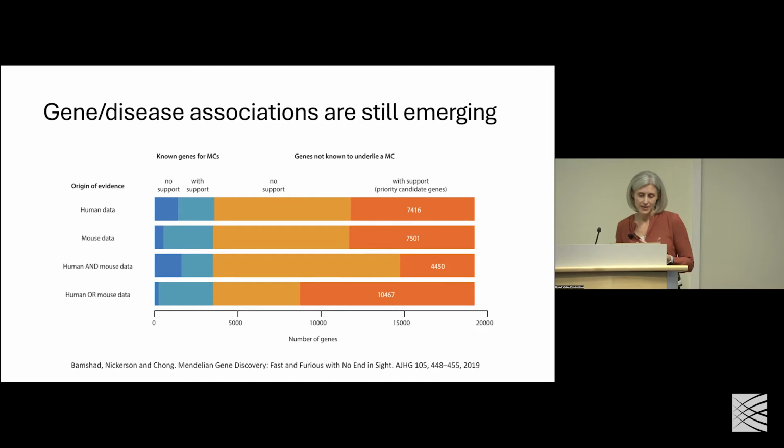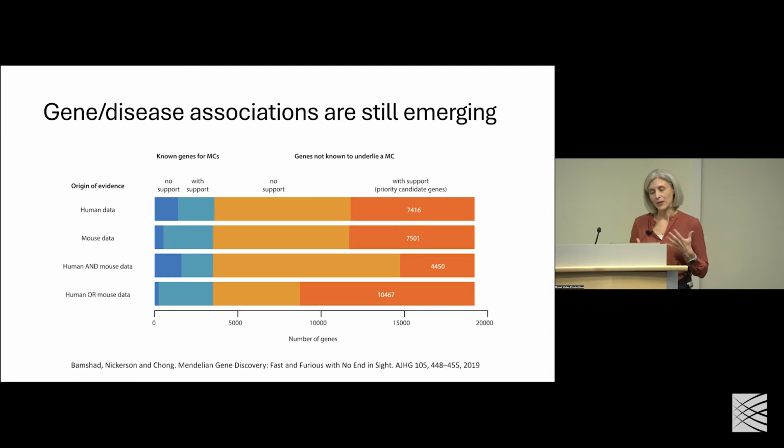But what's really interesting to see here, although we've made great progress in gene discovery, is that if you look at human constraint data and mouse model data, there is evidence that there's still another in the range of 10,000 Mendelian disease genes to be discovered.